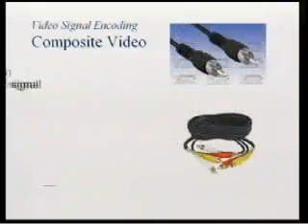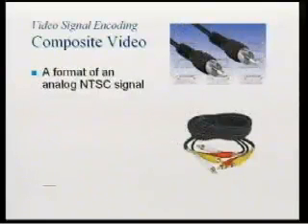Now, composite video is great because it's simple. All you need is one of these simple connectors, one of these RCA plug cables. You probably have used them for years to connect your stereo components, and you can send a nice video signal through it. The problem is that it's very low resolution. When you see a cable like the one on the bottom that has a bunch of cables bunched together, there's a yellow one and then a red and a white one.